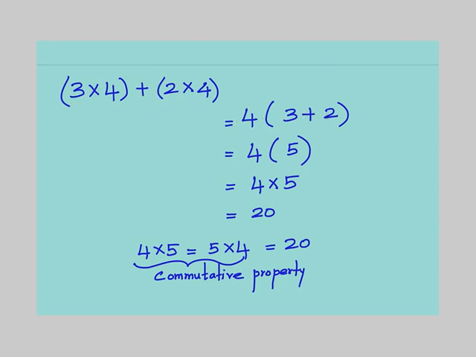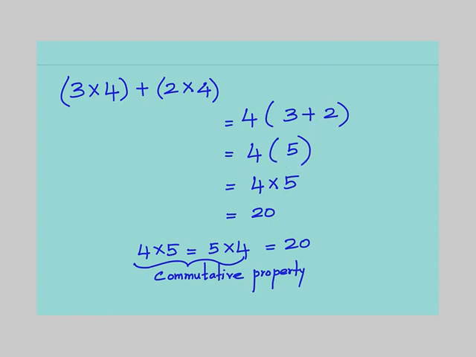So we have taken the 4 outside and we are adding this 3 and this 2, with the plus sign in the middle. So 4 parenthesis 3 plus 2 becomes 4 parenthesis 5. We know that 3 plus 2 is 5.